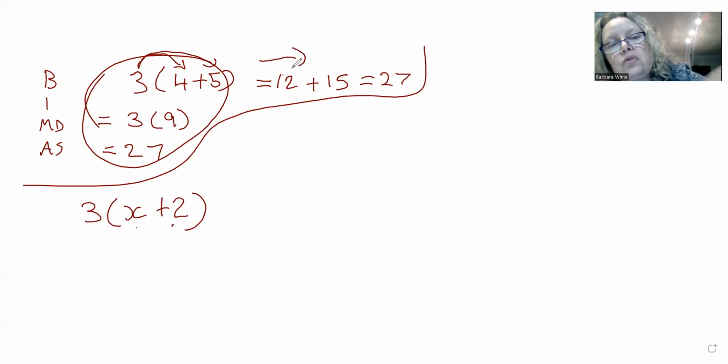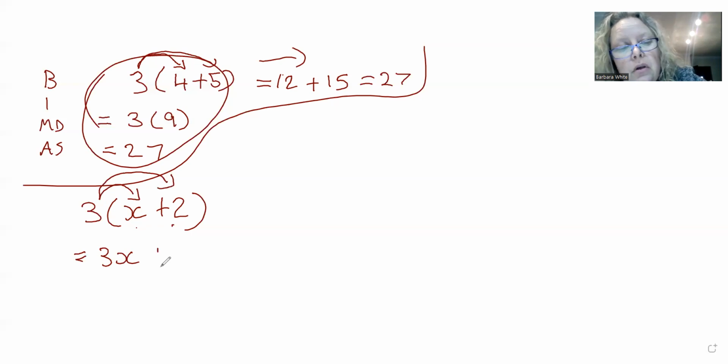So we can go 3 lots of x equals 3x. And then we can add 3 lots of 2, which is 6.